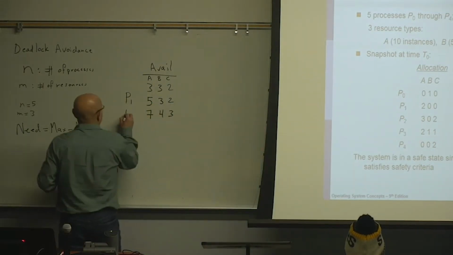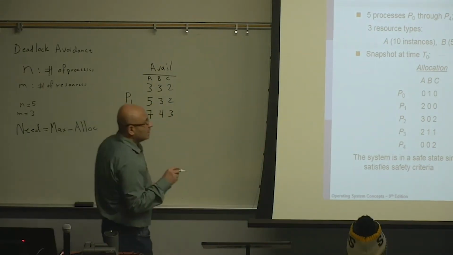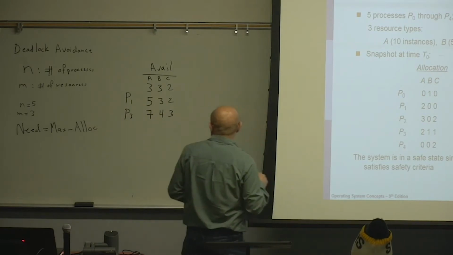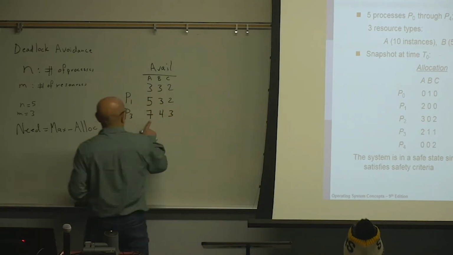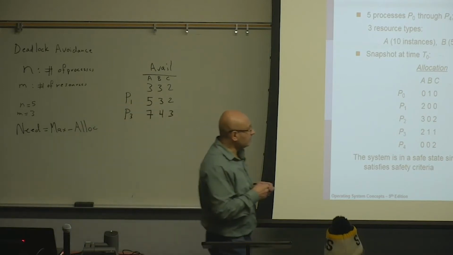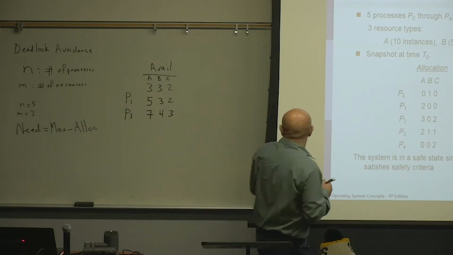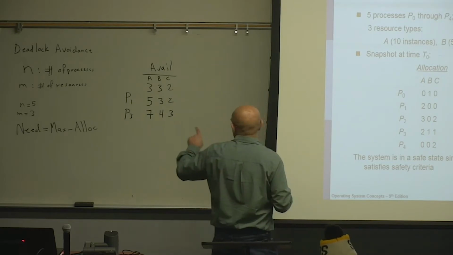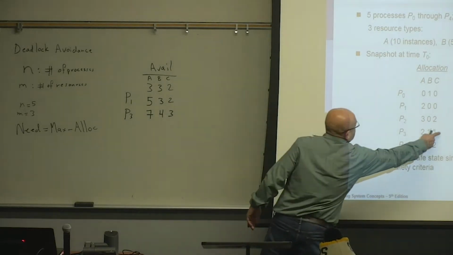So we put P3. This is what will become available after P3 is done, 743, which is 532 plus this.